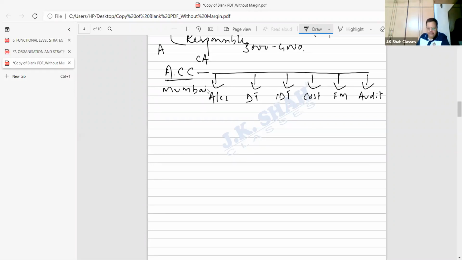I was very happy. He says, then when the results came, the president of the CA Institute, who was my good friend, told me, do you know that the maximum number of students who do CA are from Ahmedabad? I don't know that.